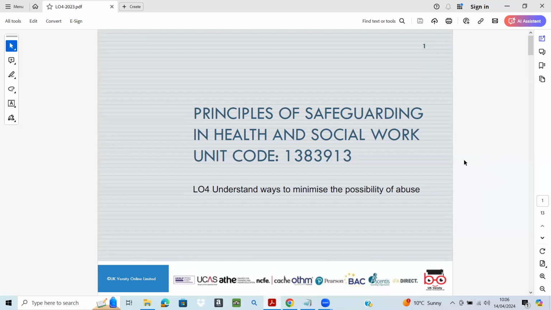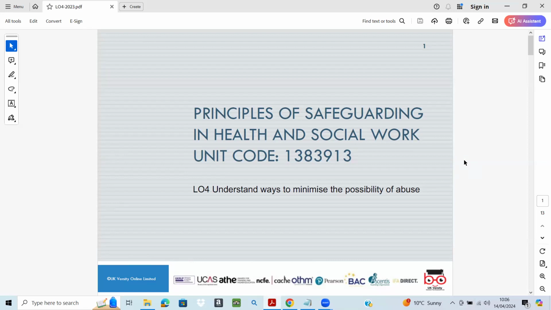And lastly, we can say that creating a supportive environment is important. What is a supportive environment? It is where individuals feel safe and are encouraged to speak up about any concern without fear. What are the benefits of it?